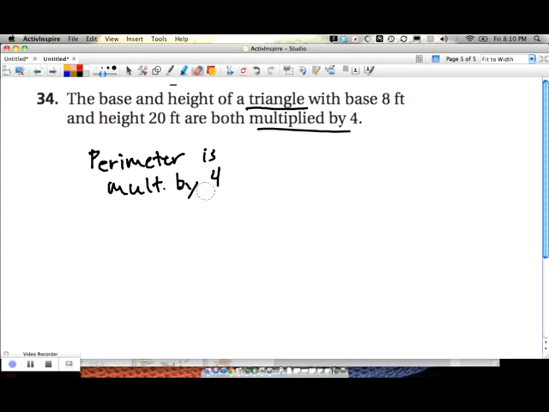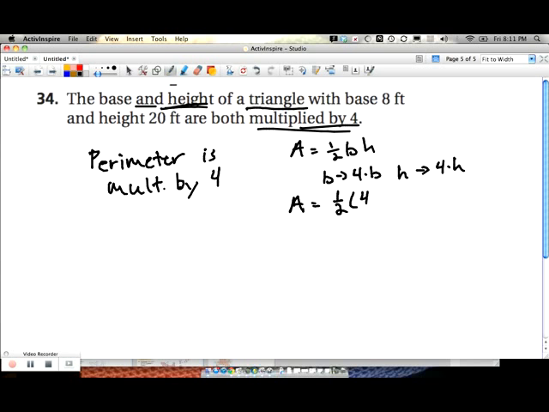Well, area starts out as 1/2 base times height, but now the base is becoming 4 times the base because it's multiplied by 4. But so is the height too, and the height is multiplied by 4. So h is also becoming 4 times the height. That means that my new area is going to be 1/2 4 times the base, because that's my new base, and 4 times my height.